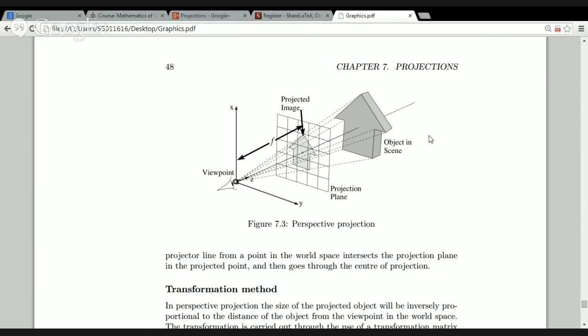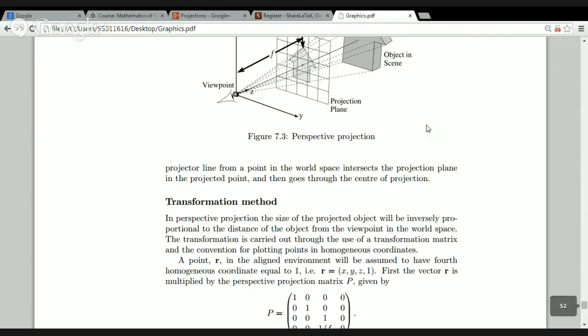Okay. Again, to retain consistency with the approaches we've done so far, we're going to want to use a matrix to carry out this projection.